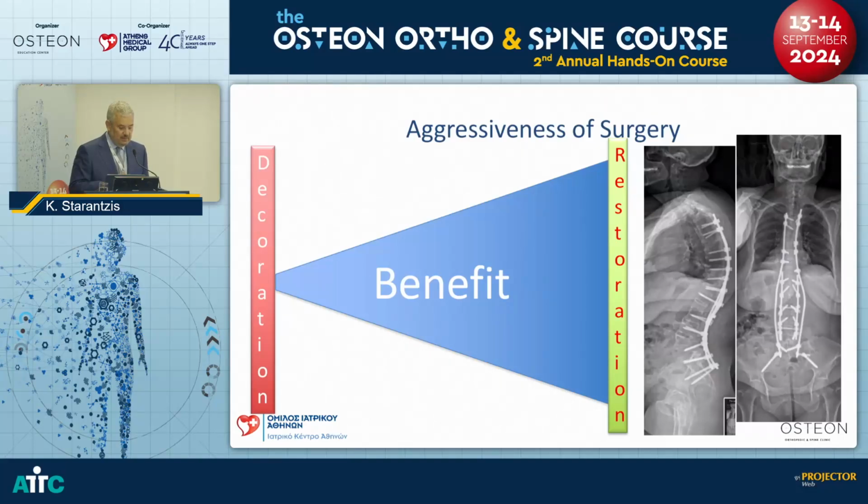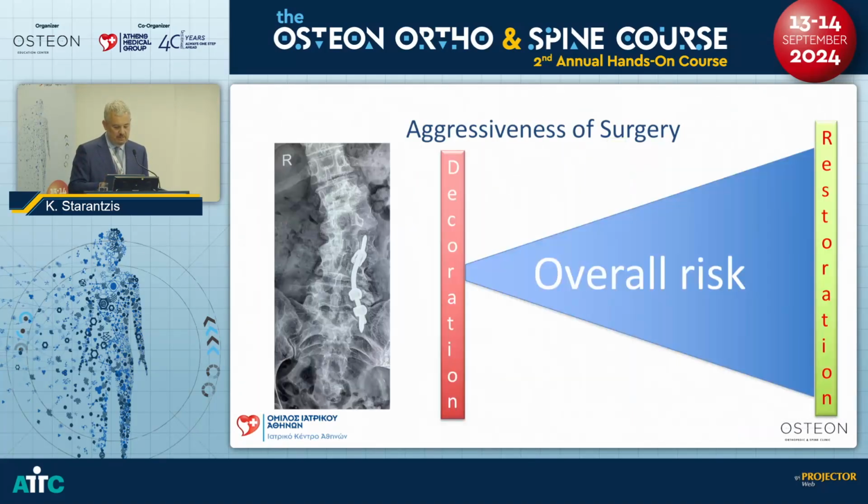And we all know that the further we go with the correction, the risk rises, same as the benefit to the patient if the operation is successful. So we need to know where to stop in the spectrum of deformity correction and restoration.